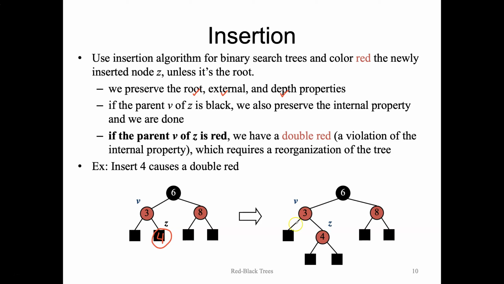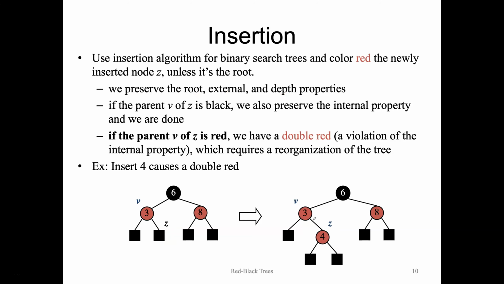This is a violation of the internal property that any children of a red node must be black, whereas in this case we just created a child of a red node which is also red. So in order to fix this, we have to fix our tree a little bit, shift around some nodes or recolor them perhaps.